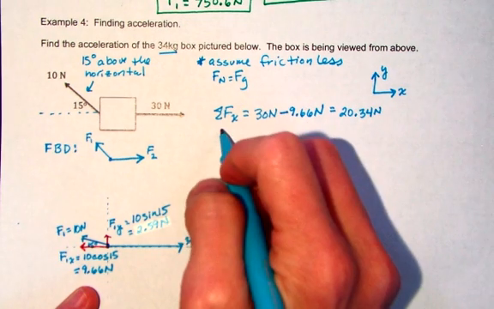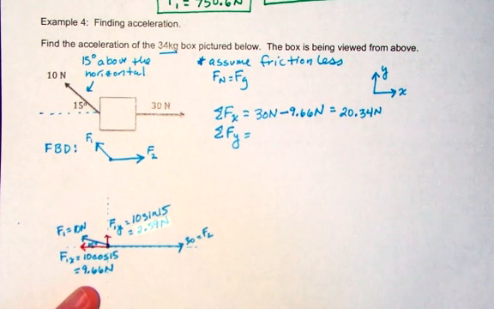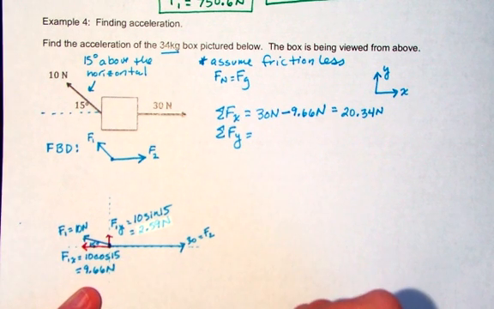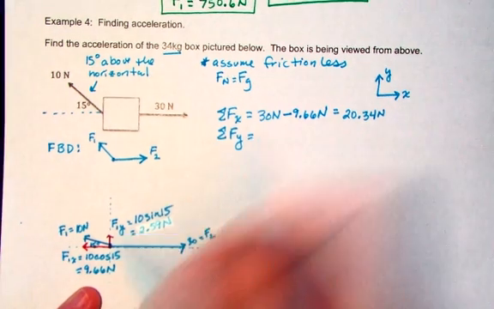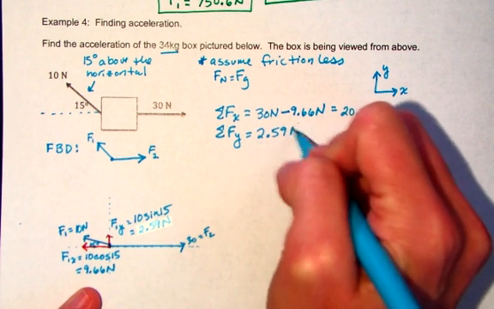Okay. Now the sum of the forces in the y direction. Well, let's take a look. How many forces do we have in the y direction? Just one. Okay, so that's going to be 2.59 newtons.